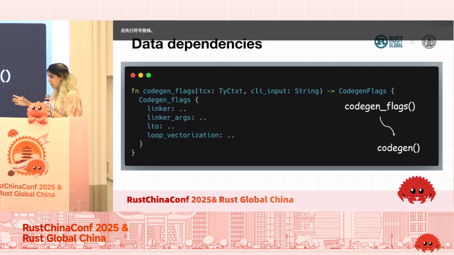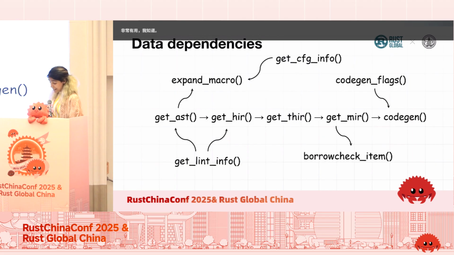So LTO options wouldn't impact clippy because clippy doesn't care about what linker you use. Very useful, I know. These data dependencies aren't only for emitting binaries. They are also the values of CFGs for macro expansion, or lint information, or other kind of things.